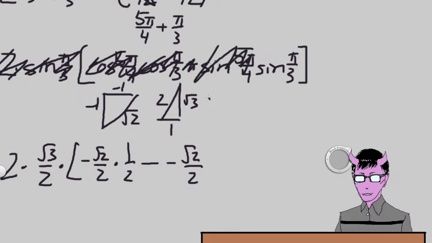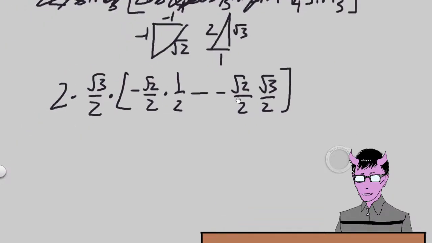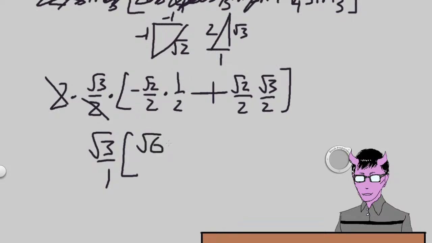Lastly, sine of pi over 3, which is root 3 over 2. Close the brackets. That one cancels with that one, leaving us with root 3. Bracket evaluation. We're going to have plus, so that's going to be root 6 minus root 2 over 4.